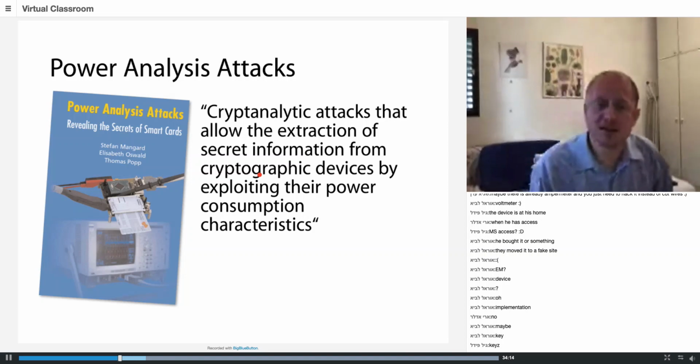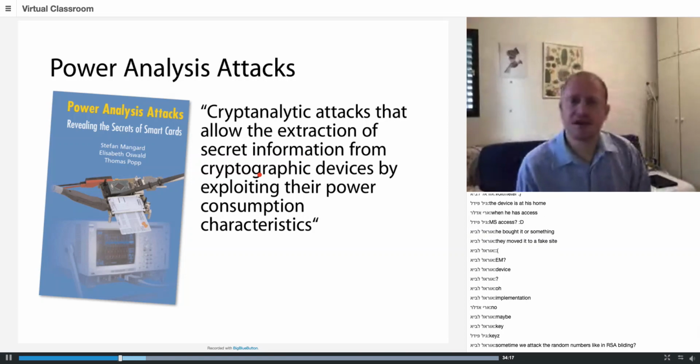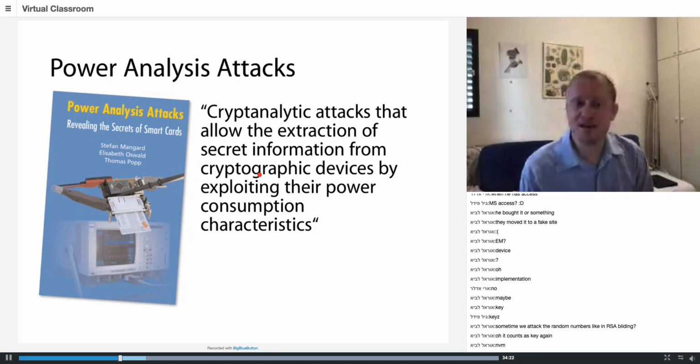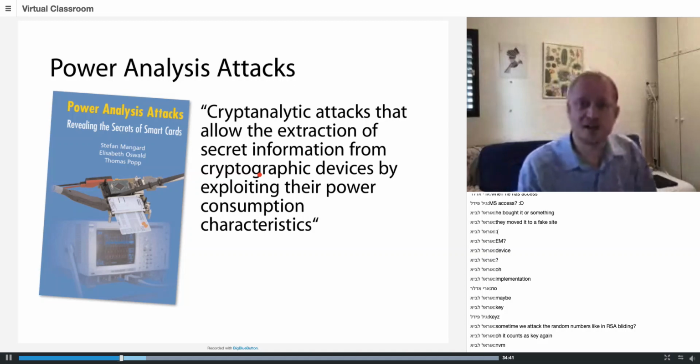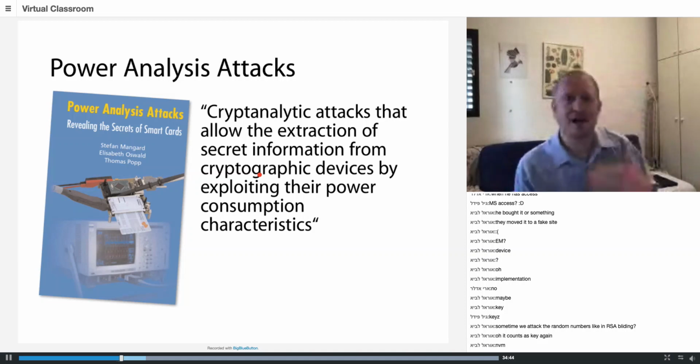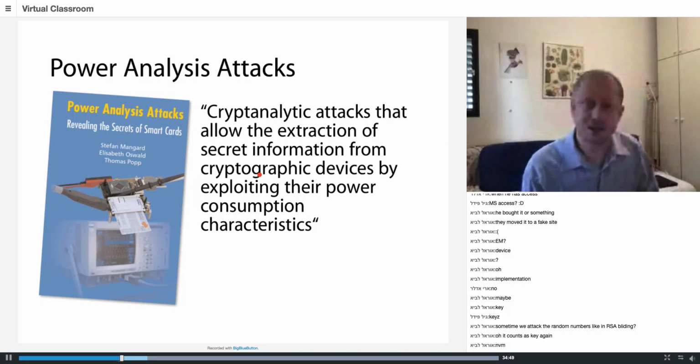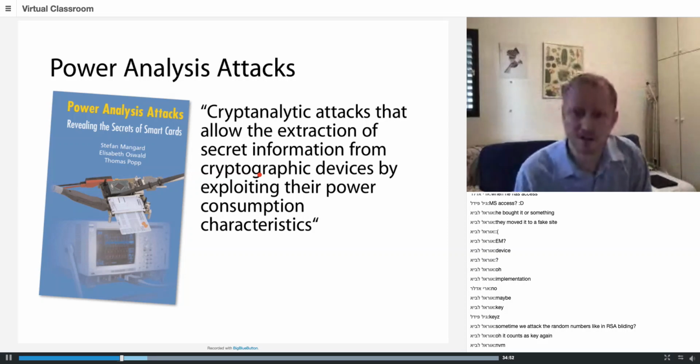If the fact that somebody in my building has coronavirus is a secret, we might be able to extract it using power analysis, but I'm not very clear about how we can make the key longer to protect against this risk. Right? But can I make the coronavirus longer? So the secret information in cryptographic devices is keys. But again, I think that other things can be attacked by side channel, and I think we'll see some of that when we talk about microarchitectural attacks as time goes.